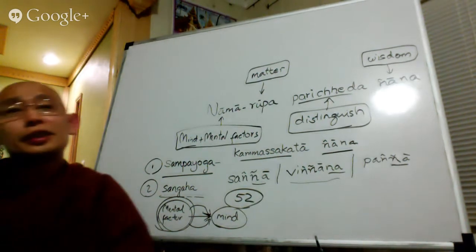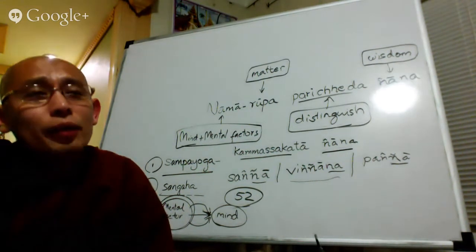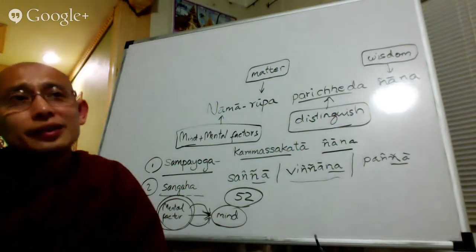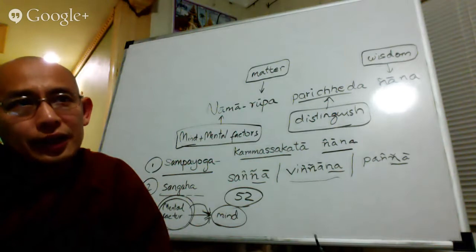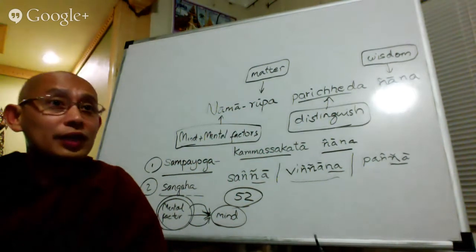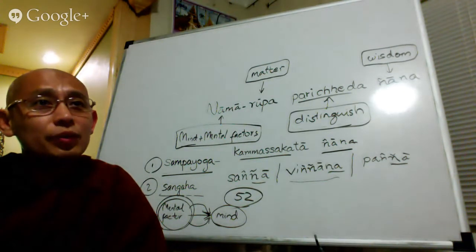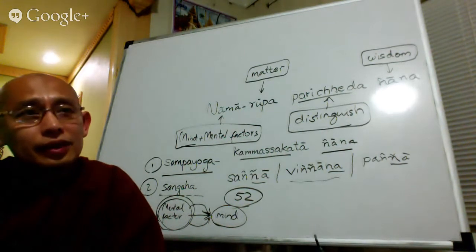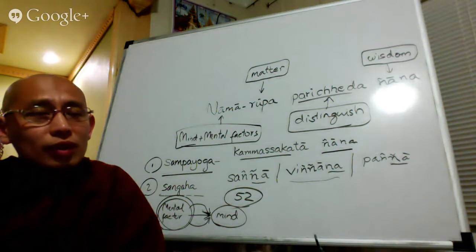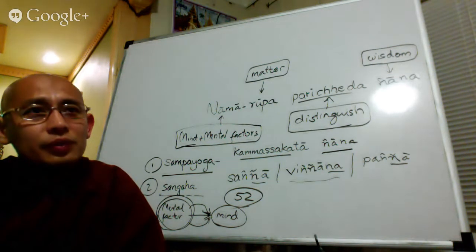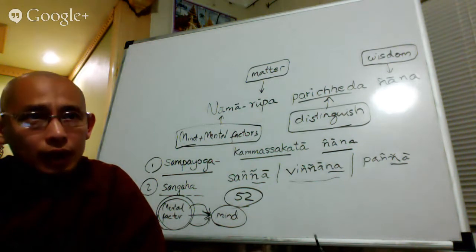So first jhana, how many jhana factors? 5: vitaka, vichara, piti, sukha, ekaggata. So the first jhana level is associated with the vitaka. And the second jhana level, how many jhana factors? Only 4: vichara, piti, sukha, ekaggata.